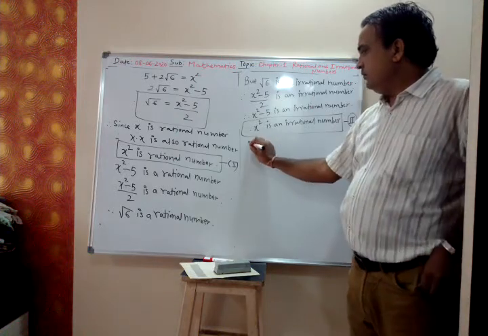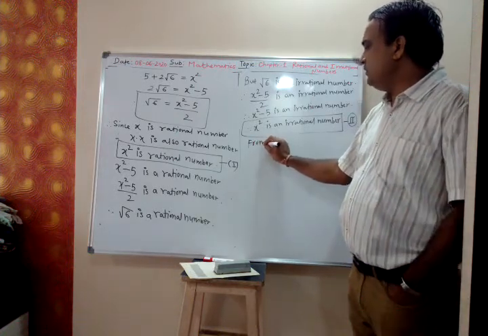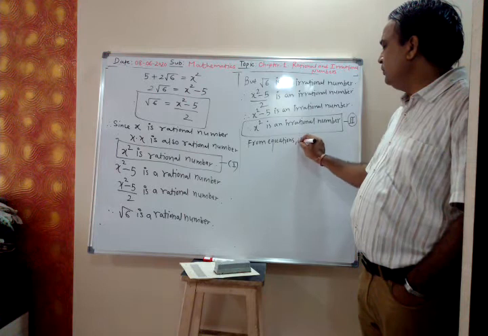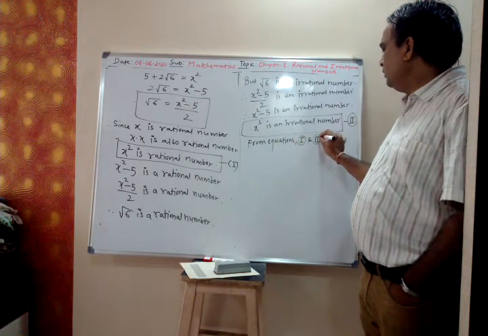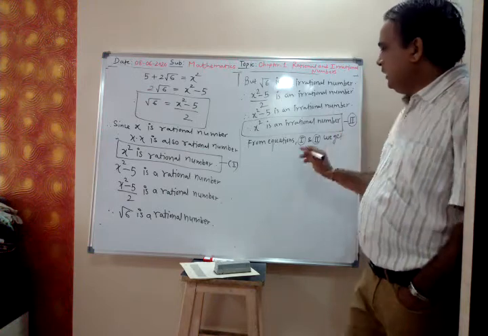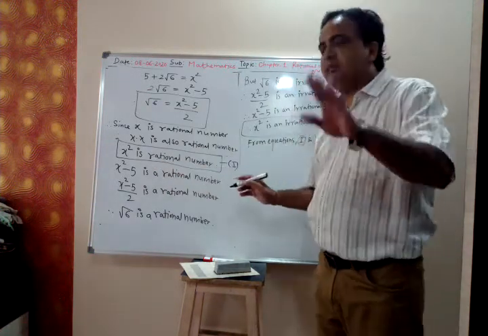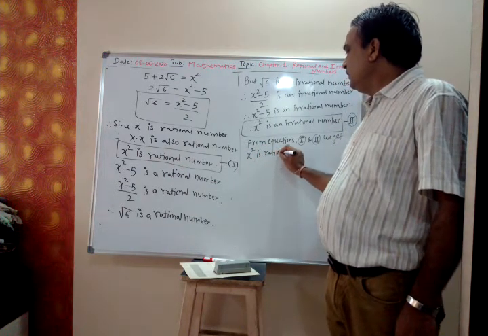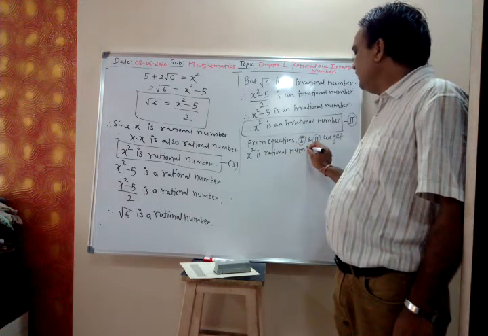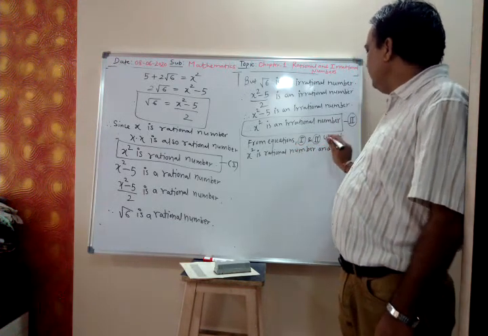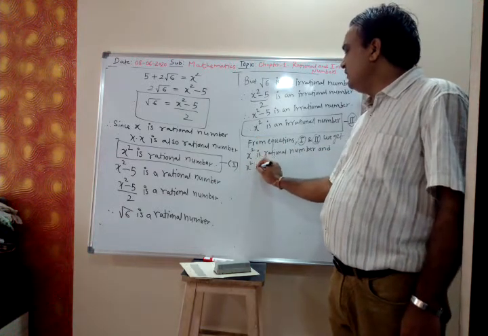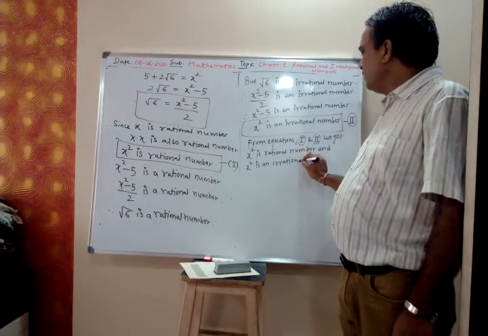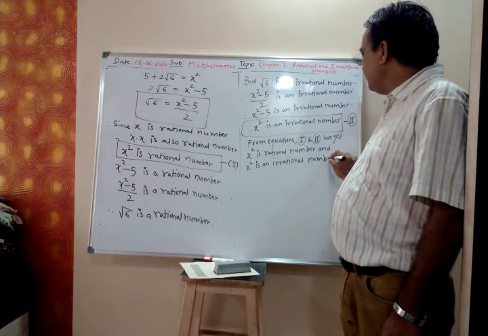So from equations 1 and 2, from equation 1 we get x square is a rational number, and from equation 2 we get x square is an irrational number.